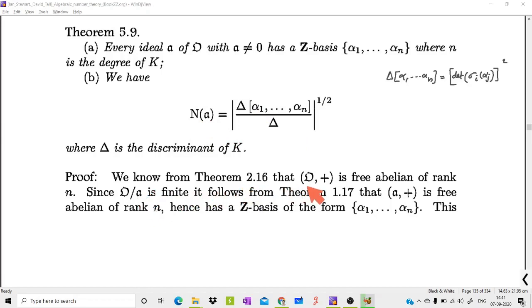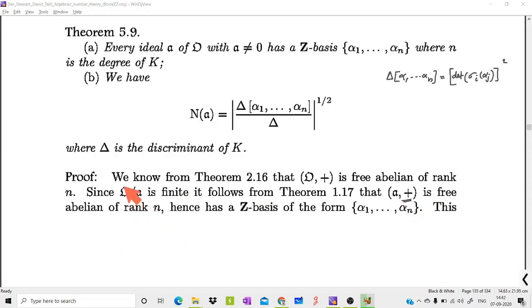We already discussed, you might have seen this result, that O plus is a free abelian group, in Chapter 2. And another result is the characterization of free abelian groups of rank n: O by A is finite if and only if A is a free abelian group of rank n.